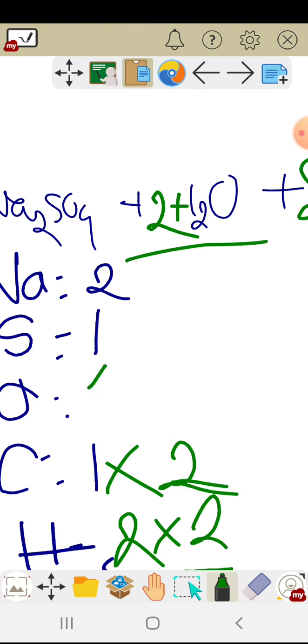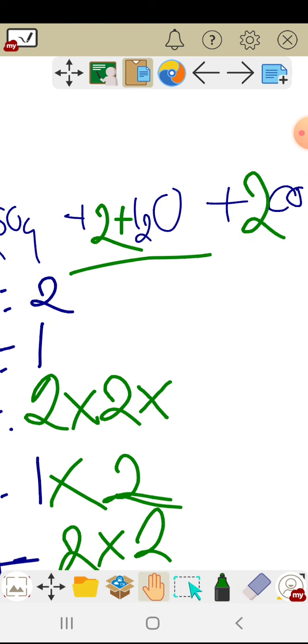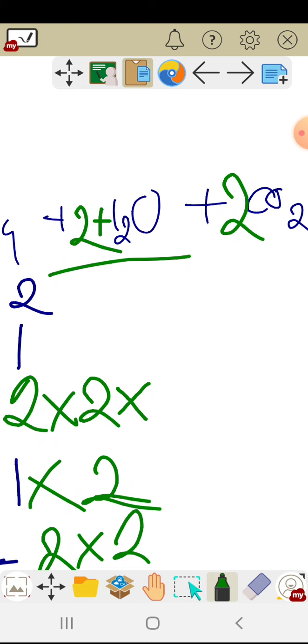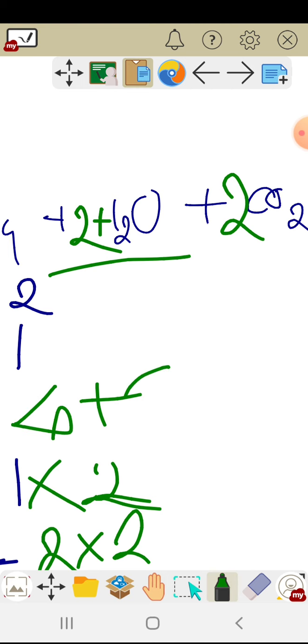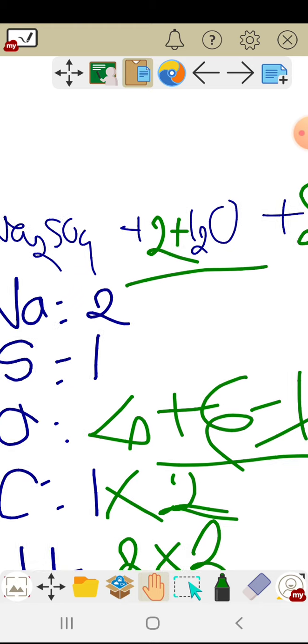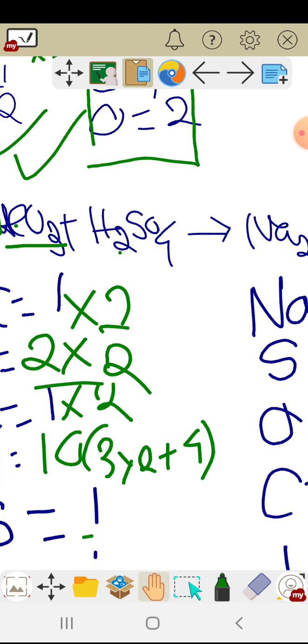So 2 into 2 is 4, plus 6, 10. This is 4 plus 2 plus 4, 6. Fine enough. So this is how to balance the equations.